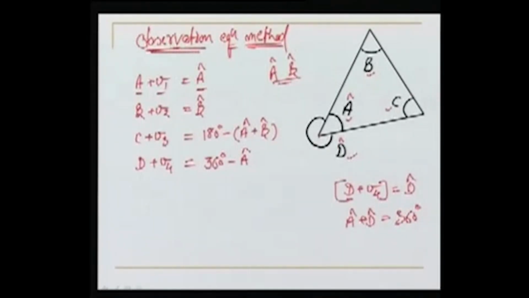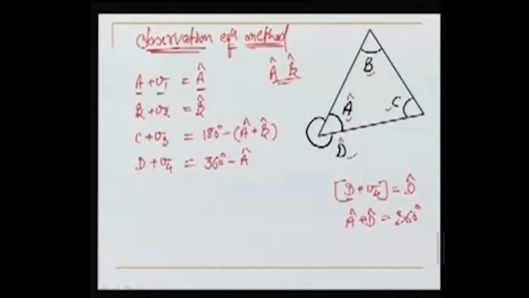Next, we rearrange them. In rearranging them, we take all the parameters as well as the residuals on the left hand side and the constants on the right hand side. So we can write it as V1 minus A hat is minus A. Let me use a different color here in order to differentiate from the equations above.